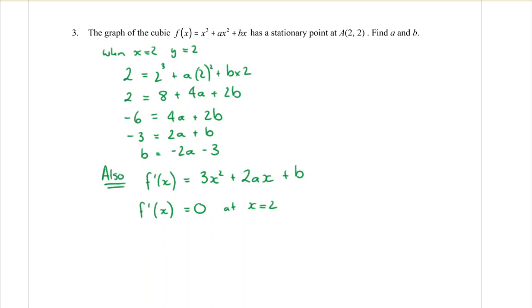So that's 0 equals 3 times 2 squared plus 2a times 2 plus b. That makes 4 times 3 is 12, plus 4a, plus b.